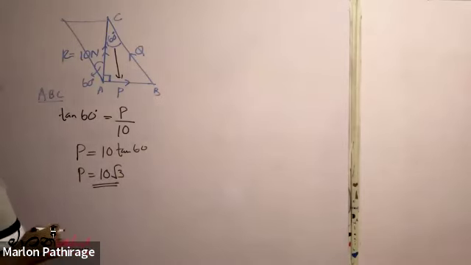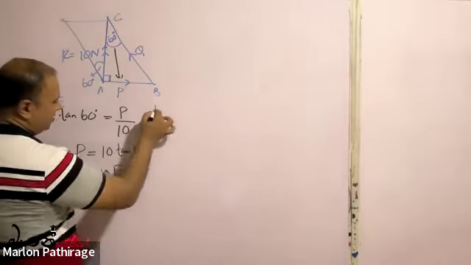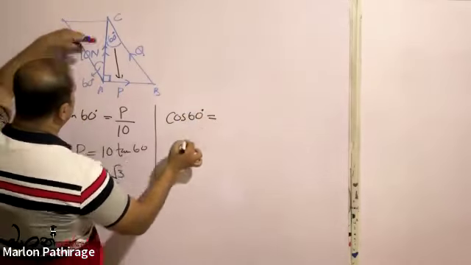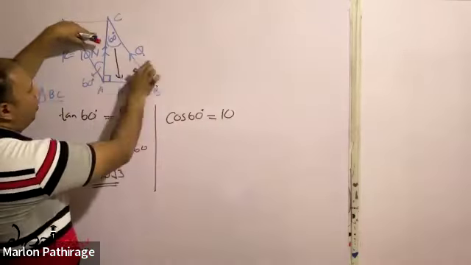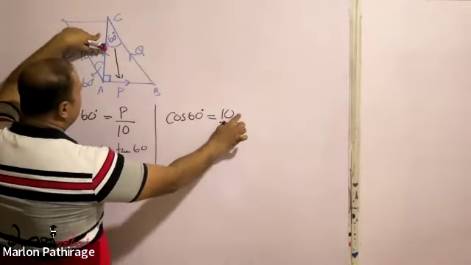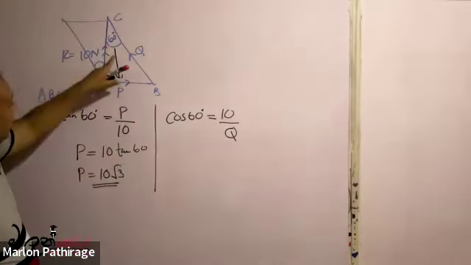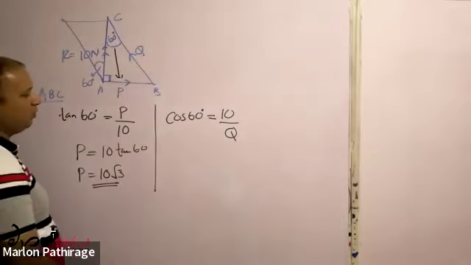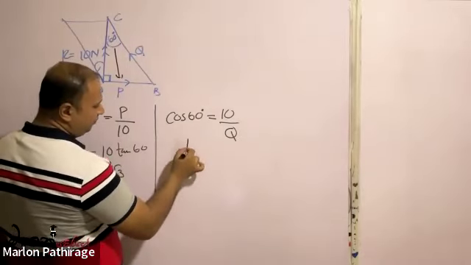Then I can write an expression for cos 60. Cos 60 is adjacent side over hypotenuse, that is 10 over Q. Cos 60 is half.